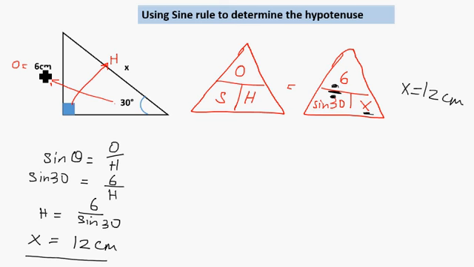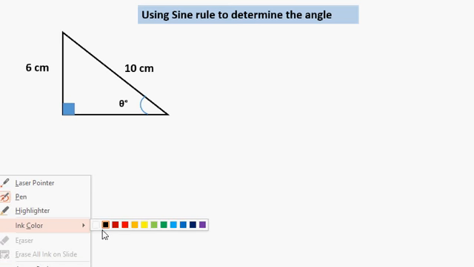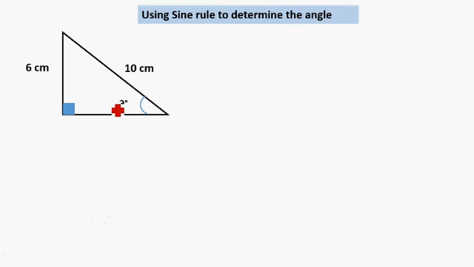Let's look at the other question, whereby we're going to use sine rule to determine the angle. Once again, I need to find the angle. So this is the angle, that's the opposite side, that's the hypotenuse because it's right across the 90 degrees.